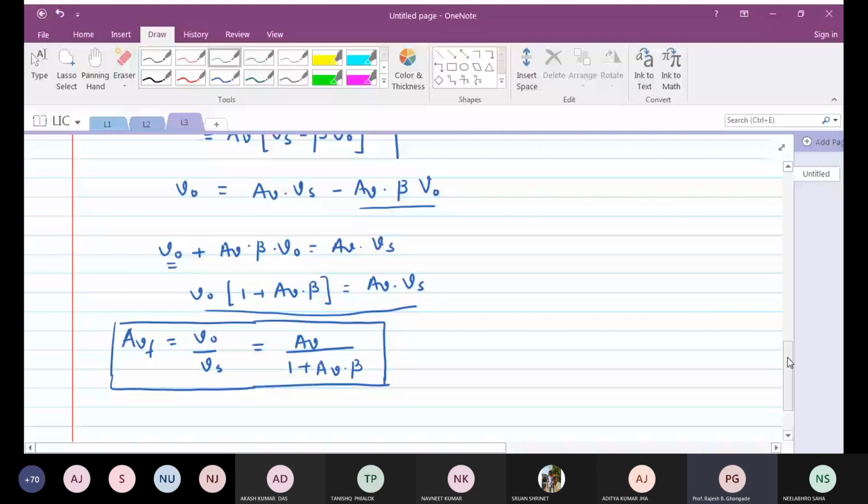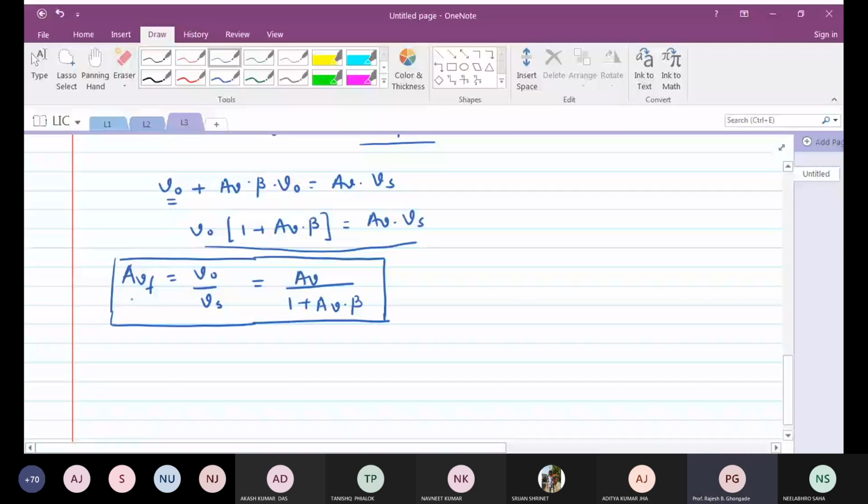So I can say that the overall voltage gain with feedback, that is the reason why I'm appending this suffix, AVF, is VO divided by VS, that is output voltage divided by the source signal voltage, is equal to AV divided by 1 plus AV into beta. AV is called the open loop gain, which we have already established over here.